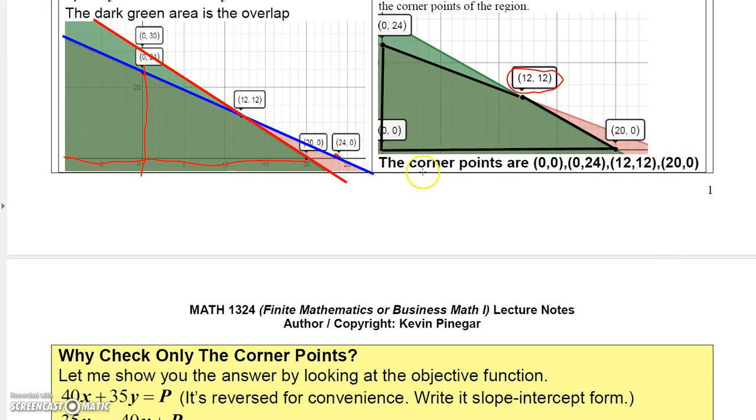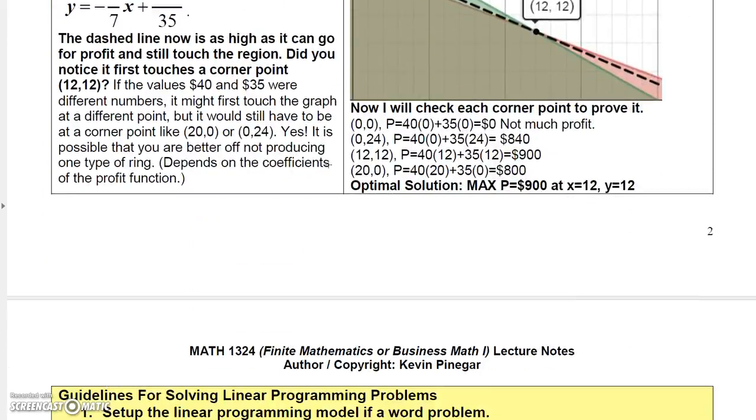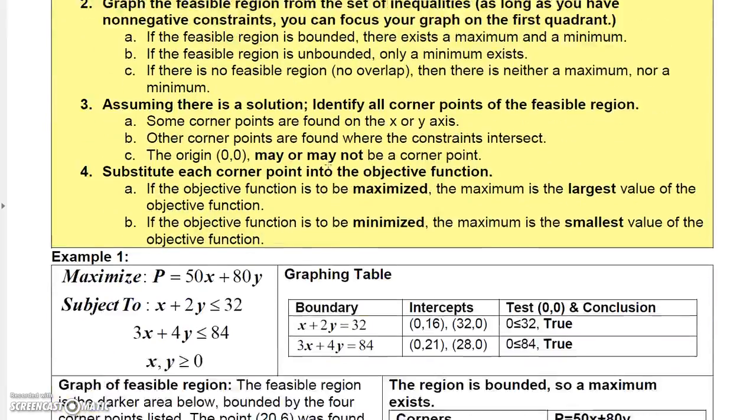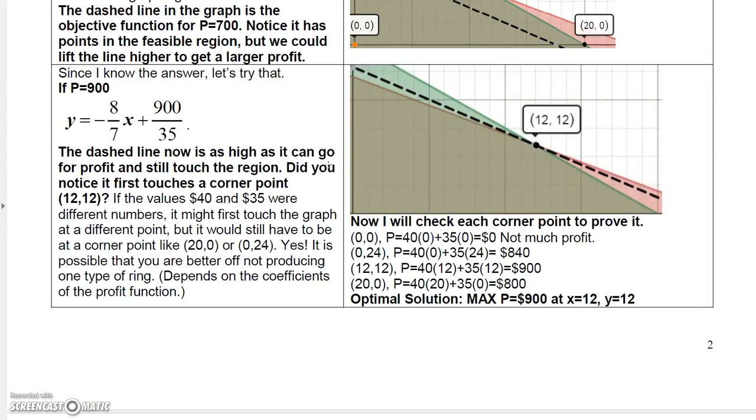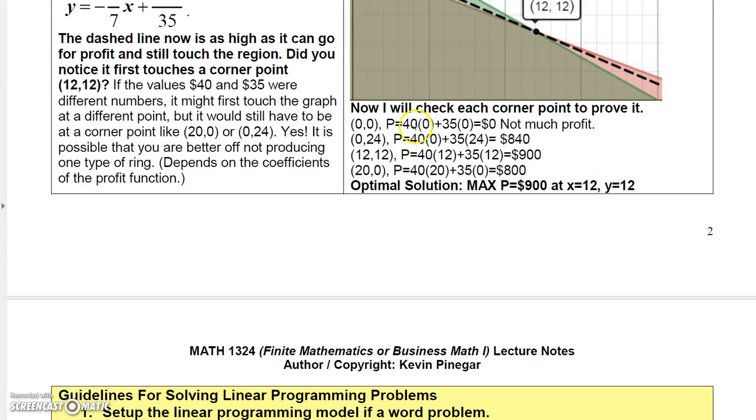Now, there's a discussion down here about why we only check the corner points, but I'm going to leave that for you to read, and I'm just going to go on down and plug in the corner points. So, yeah, here it is. The objective function, remember, was 40x plus 35y.